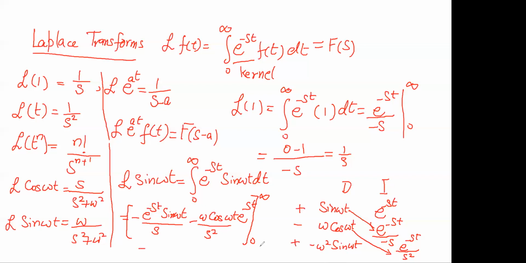So it will be minus. Okay, plus minus plus minus plus. So it will be plus into minus minus omega square over s square, integral 0 to infinity sine omega t e power minus st dt.